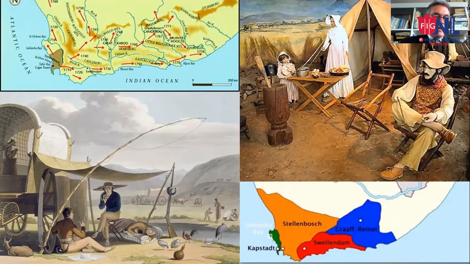By the end of the 18th century, the trekboers had extended their migratory occupation as far as the Great Fish River, although very few titles had been issued except for in the administrative towns of Swellendam and Graaff-Reinet.